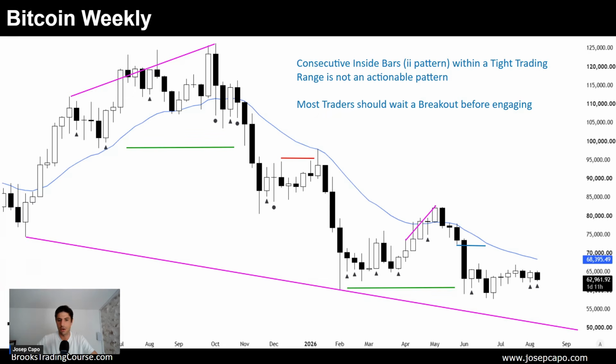The context of the chart is that we are likely more in a trading range environment rather than in a trending environment. This is important to note because there was a huge bear move here, a couple of legs down, a bear channel.